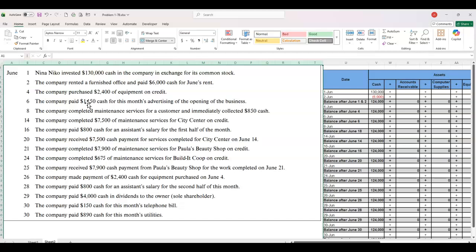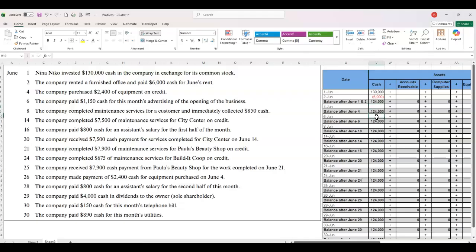The company paid $1,150 cash for this month's advertising and the opening of the business. This is on the 6th. Cash went down by $1,150. We paid out cash. And advertising, that's an expense of doing business again.